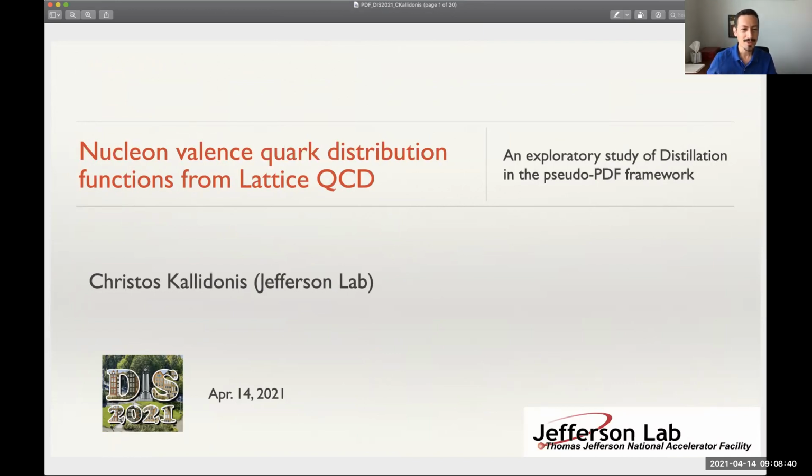So I'm Christos Kallidonis. I'm a postdoc at the Theory and Computational Division at Jefferson Lab. And in this short talk, I'm going to show some recent results on the Nucleon valence quark distribution functions from an exploratory Lattice QCD calculation using the pseudo-PDF framework.